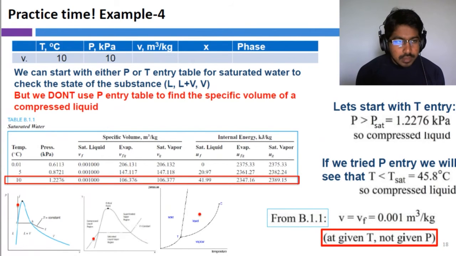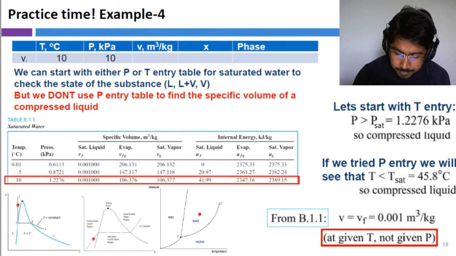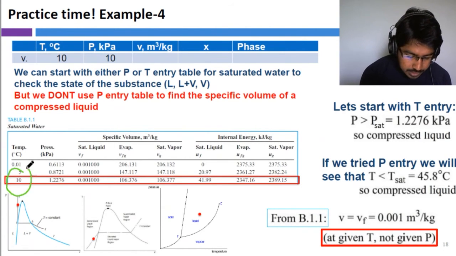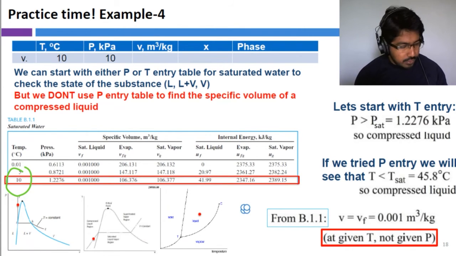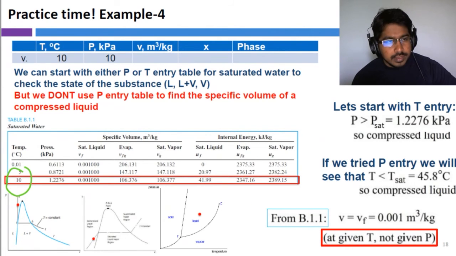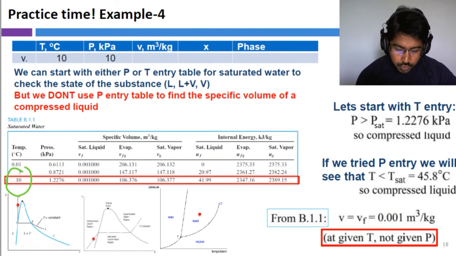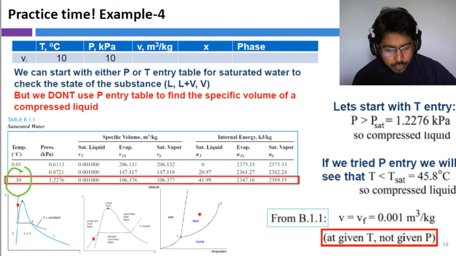Let's start with the temperature entry as I have it here. Now for 10 Celsius, the first step, easiest and the most delightful step, locate your condition, 10 Celsius. And now at 10 Celsius, your pressure is what? Your pressure is 1.22, right?